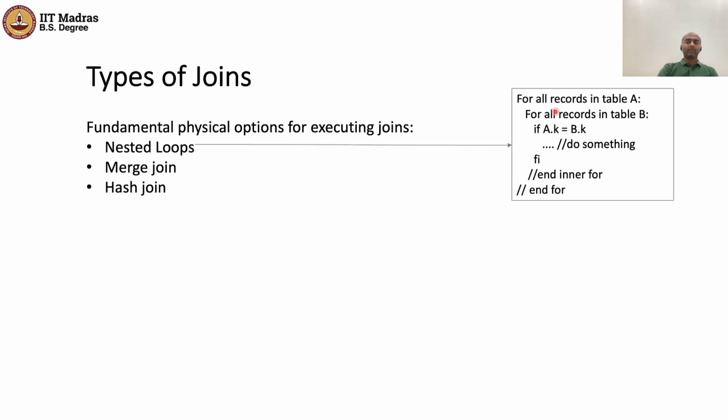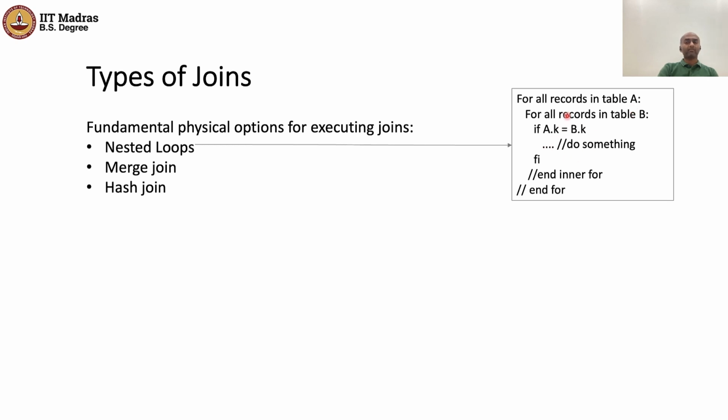If there is no match, then the join yields nothing. I keep looping through the inner table records, and once the inner for is done, the outer for loop continues. The ordering of table A, table B doesn't matter. So the nested loop is actually a commutative operation. It doesn't matter what the ordering is.